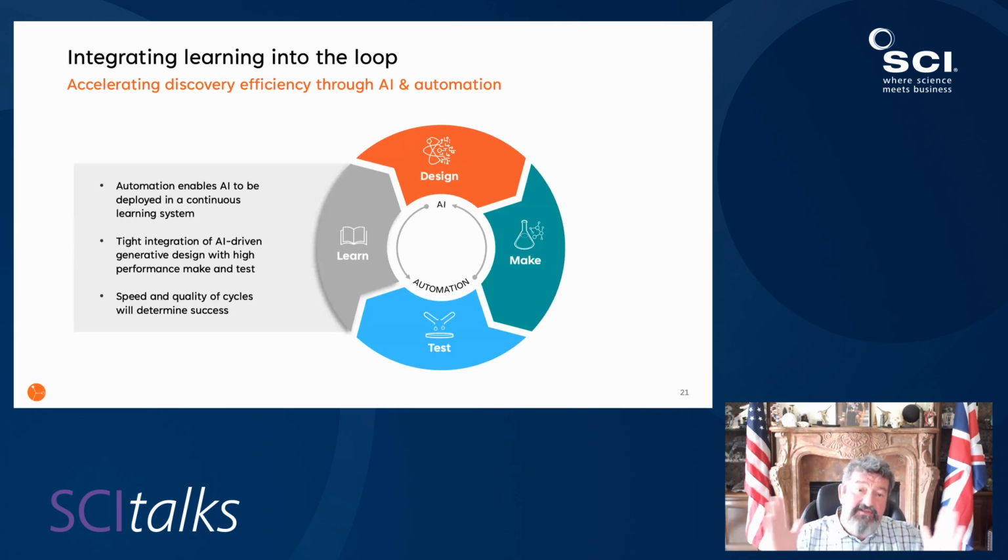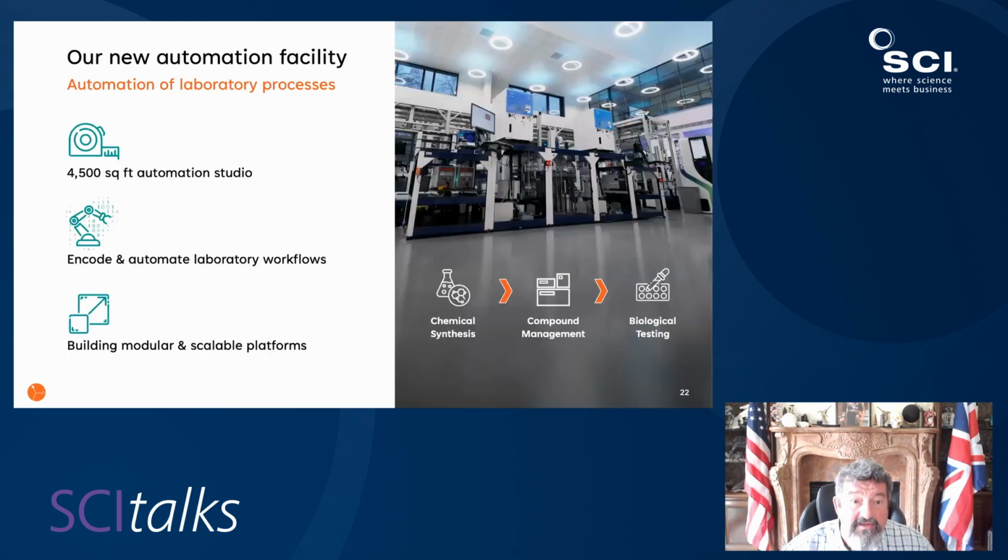So reducing the time and the cost of discovery is, I think, one of the huge benefits of this combined AI and automation strategy. And we're very excited about this platform that we put together. So the platform, we've got a new automation facility in the Oxford area, 4,500 square feet, and a sort of automation studio.